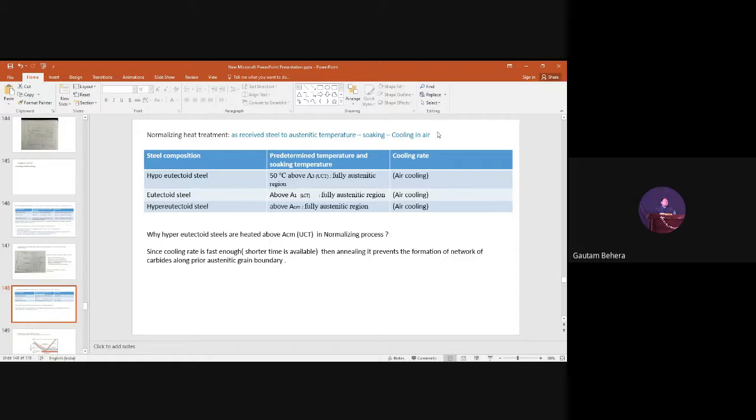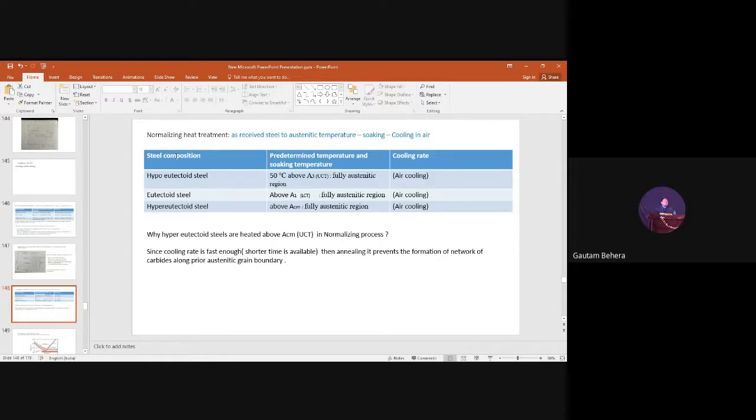Then finally, when the soaking time is over, we take the sample out of the furnace and put it into the air, the normal atmosphere. That is called normalizing, cooling in air. But the earlier one is full annealing, where we do furnace cooling, cooling inside the furnace itself. Here we take the sample out of the furnace and cool it in air, so the cooling rate is somewhat higher.